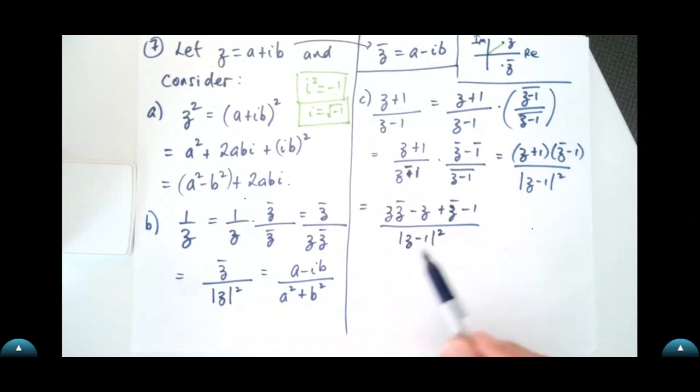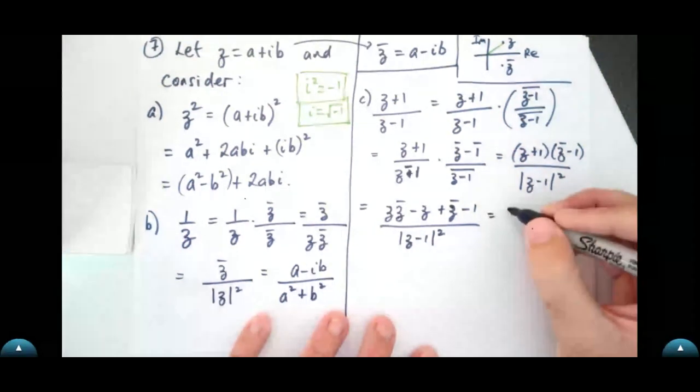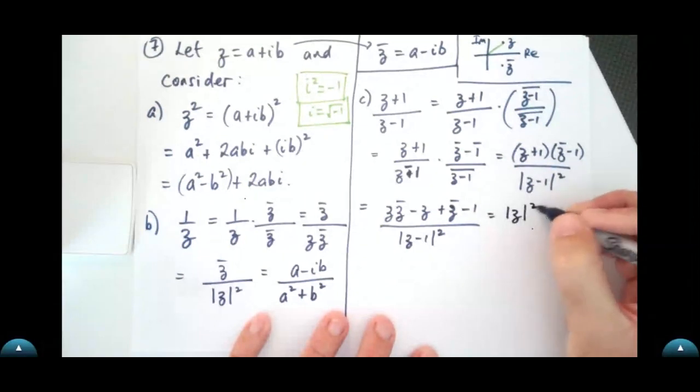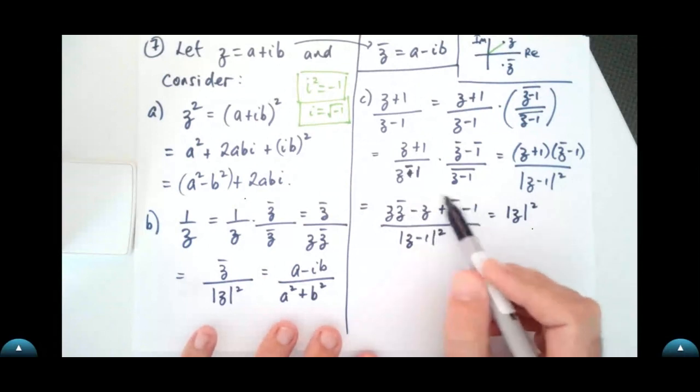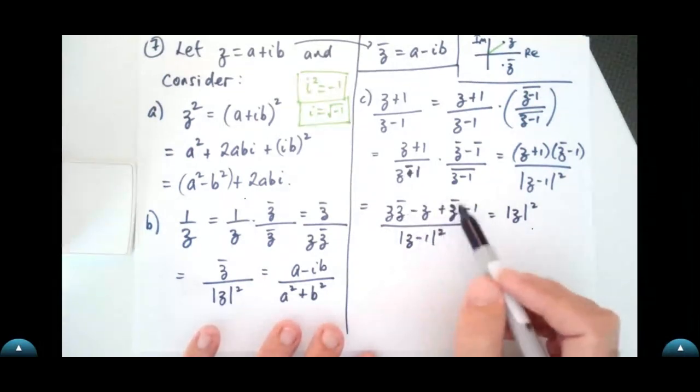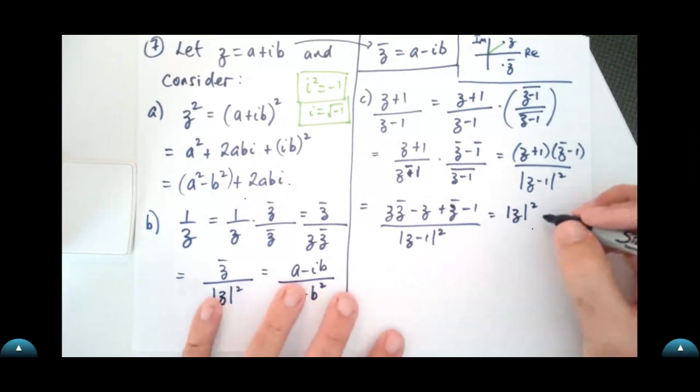Now, I'm not going to touch this because that's pretty simple there. And I'll leave it till the end. So now, what is Z times Z bar? Well, it's the square of the modulus of Z. And what is this? I can actually simplify that a bit.